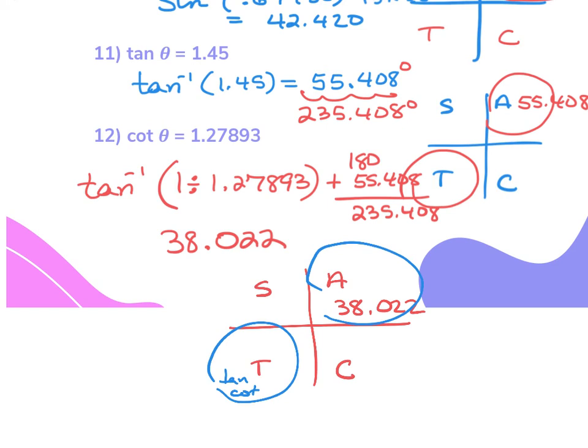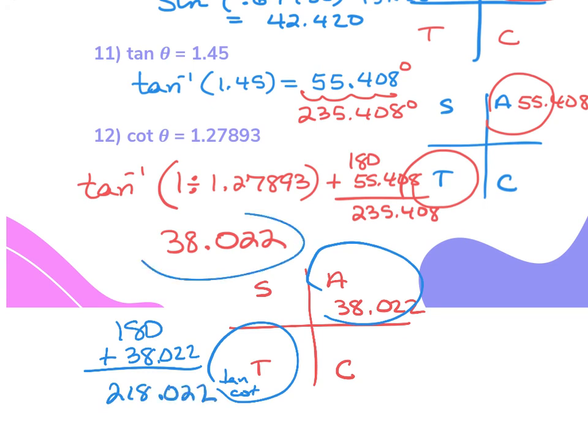So now, to find quadrant 3, I take 180 and I add the 38.022, giving me 218.022. So the two angle measures that will give me 1.27893 are those two that I circled.